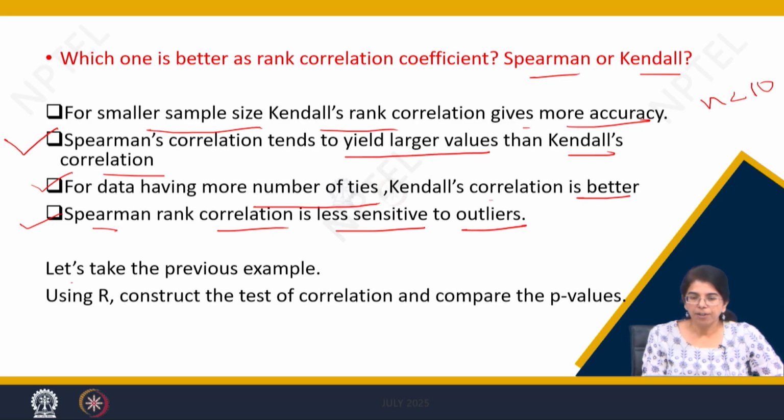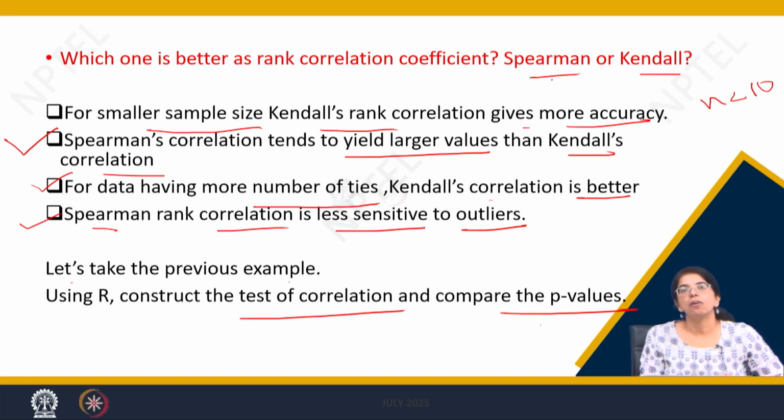And I will ask you to take all the previous examples, construct the test of correlation and compare the p-values. Which one, Spearman or Kendall, will give you a better p-value? Better in the sense of which rank correlation gives a p-value indicating acceptance or rejection of the null hypothesis.